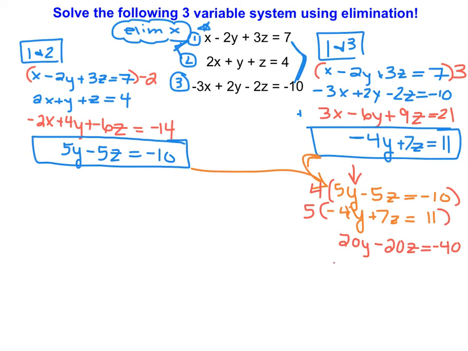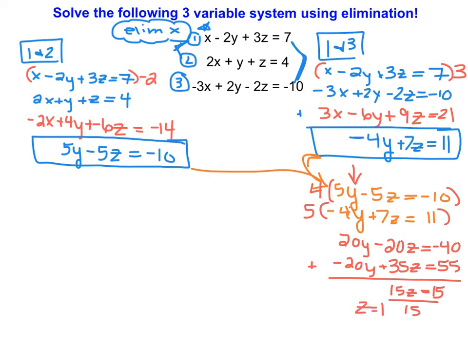And then I have negative 20y plus 35z is equal to 55. So if I add straight down here, my y's eliminate. I'm left with 15z is equal to 15. And if I divide both sides by 15, I find that z is equal to 1.